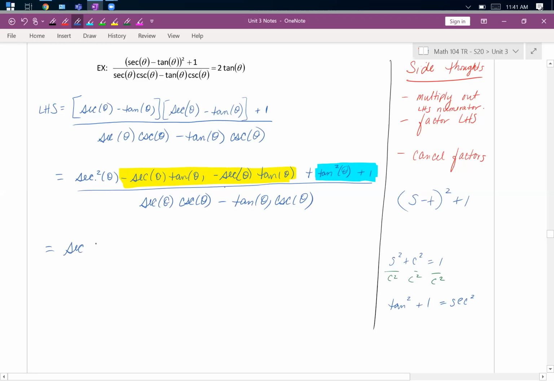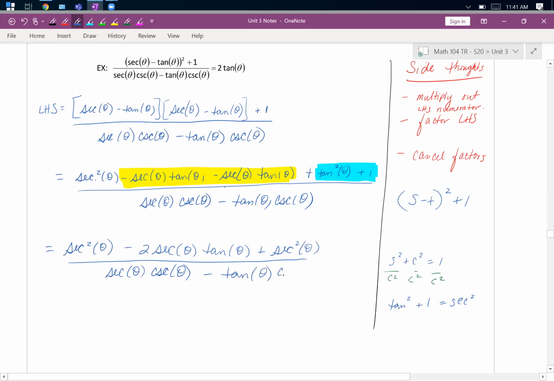So here's secant squared minus 2 secant tangents plus another secant squared all over our denominator. Still working in the numerator, we actually have like terms.